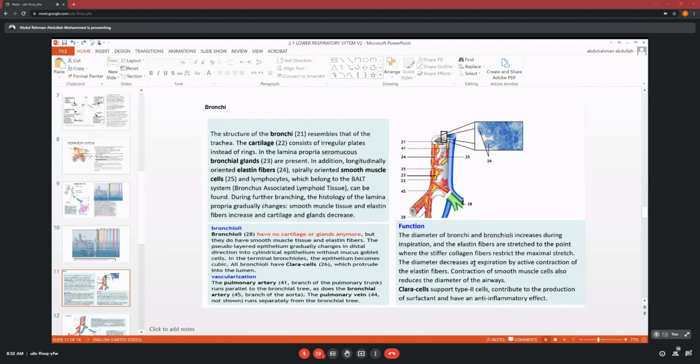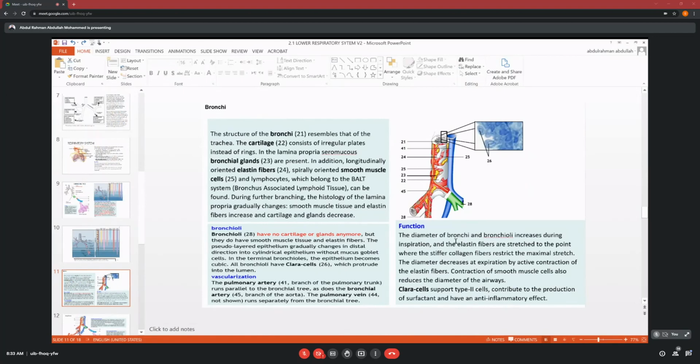So this is another function. Contraction of the smooth muscle cells also reduces the diameter of the airway. We know about bronchoconstriction, where the medium and lower part of the bronchioles constrict, particularly in the case of asthma.